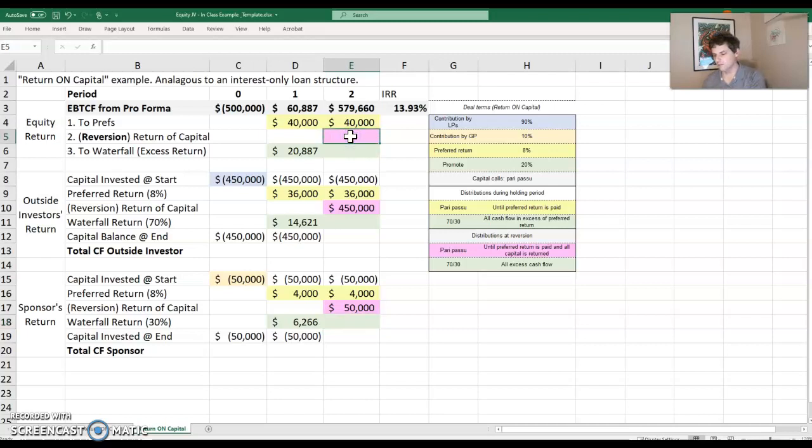So this is going to be, I'll add them up, $500,000. So what do we have left? We have the initial amount that we had to distribute. We had to pay $40,000 for the pref, $500,000 for the reversion. Now we have $39,660, and that goes into our final period waterfall.